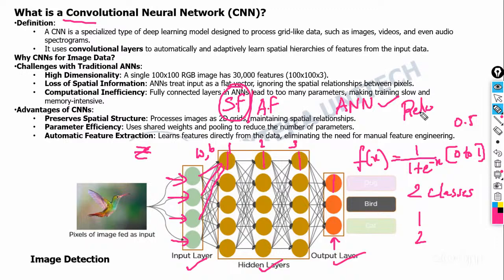Where is the ReLU activation function generally preferred, hidden layers or output layer? What is the range of the ReLU activation function? What is the formula? What are the challenges? What are the advantages? See, an interviewer can ask you n number of questions from just the activation functions topic. So from one activation function topic, I can ask multiple questions.